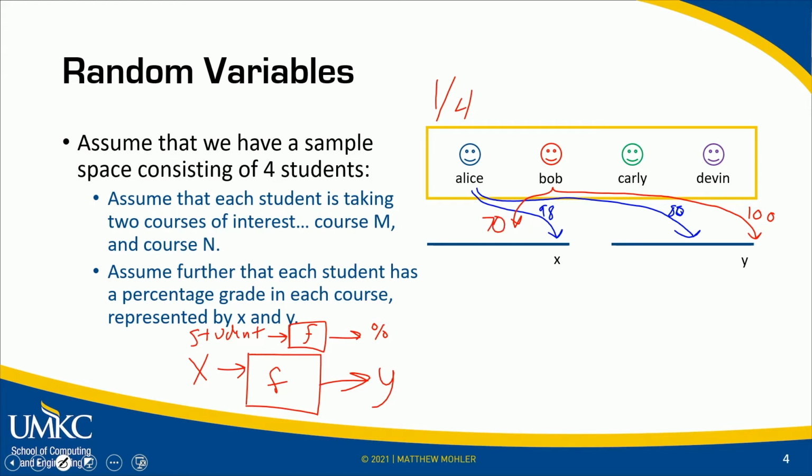So some opportunity for improvement there. But based on this, I've now extended to having some number line X and some number line Y. And based on which student is selected, I can then guess, for lack of a better term, or extract information about those students.